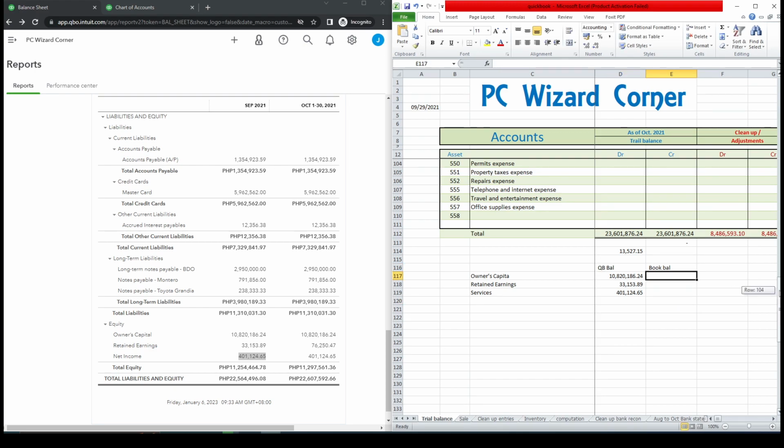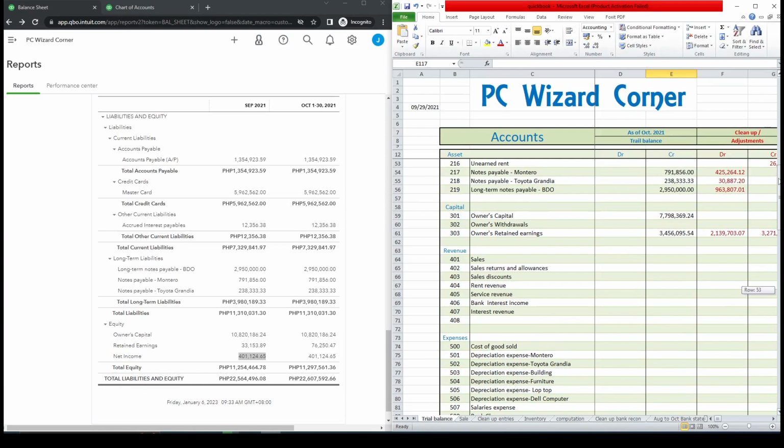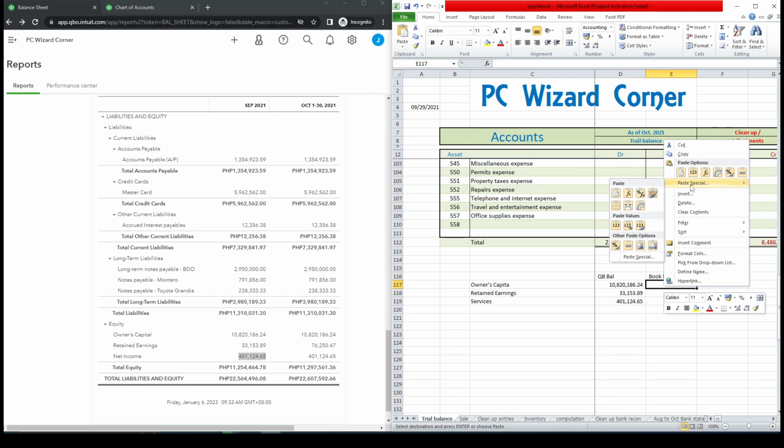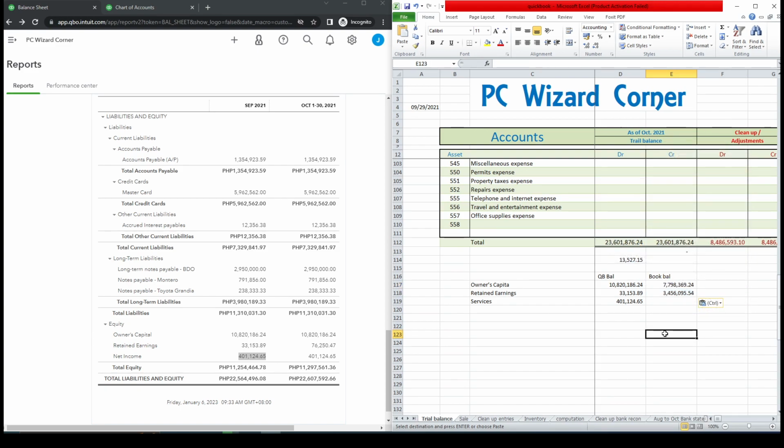Now let's get the balance for this one. There you go. And we will get the difference.